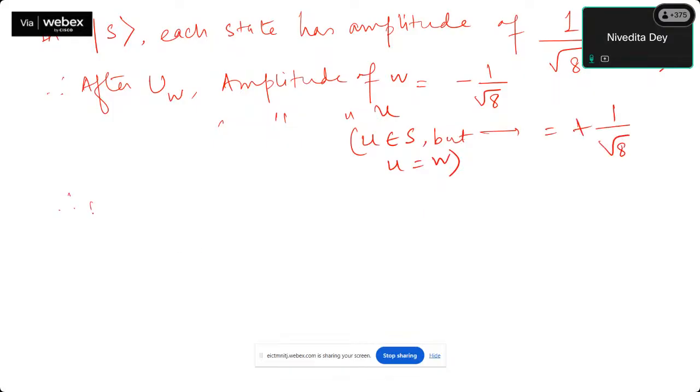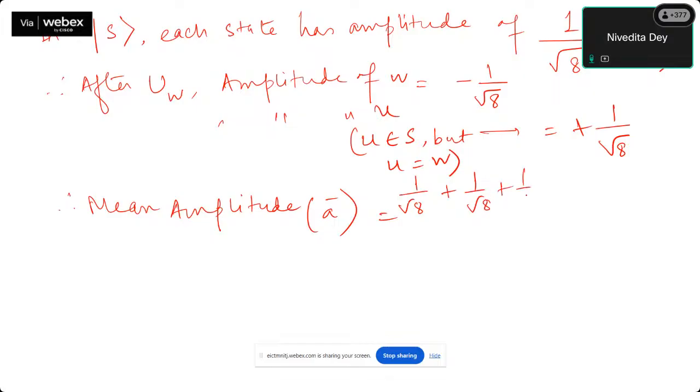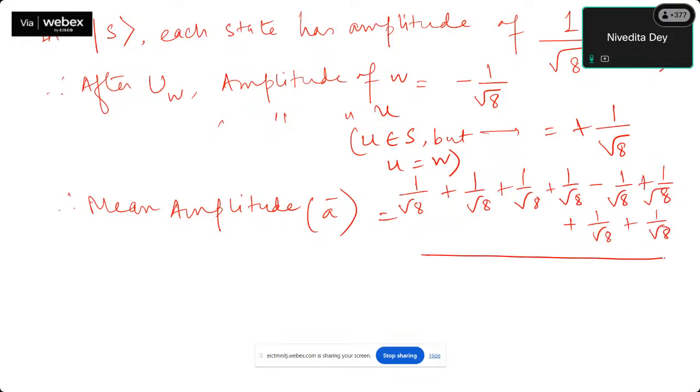So therefore, your mean amplitude A bar will be 1 by 8 times the sum over the states 0, 1, 2, 3, 4, 5, 6, 7, divided by how many states? 8. One of these values gets cancelled out, so the remaining 6 values will be there.